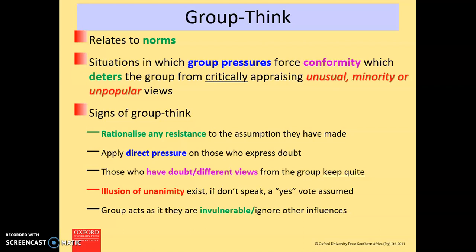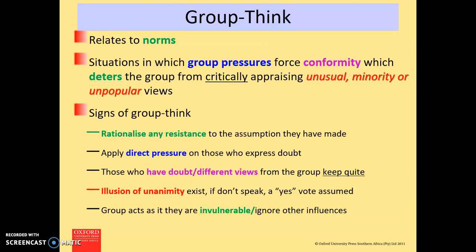If the group applies direct pressure on those who express doubts, let's say some members voice their doubts about some of the issues, and the group applies direct pressure on those who disagree, if something like this exists, it indicates that groupthink exists in the group.